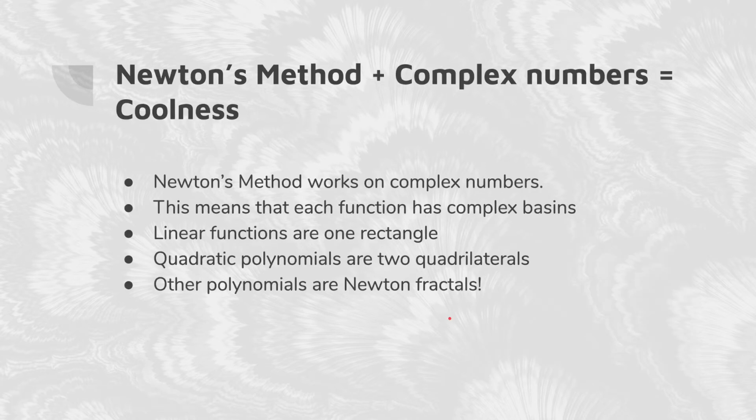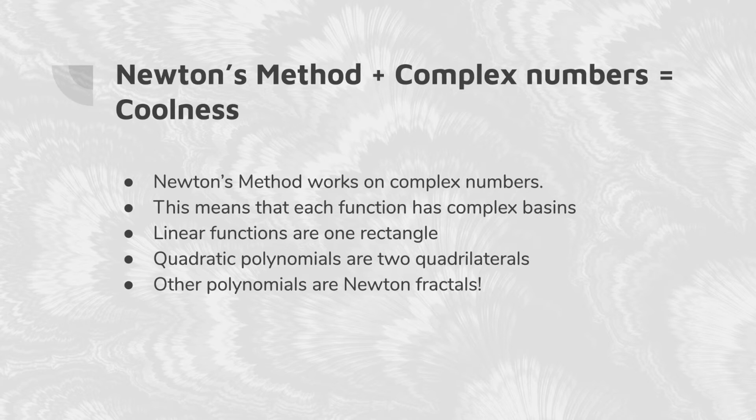This gets even more interesting when we mix it with complex numbers, because Newton's method also works on complex numbers. We can plug in complex values of x naught, so we could have x naught equals 2 plus 5i, for instance, or we could try and find complex roots, so we could use Newton's method to get the root of x squared plus 1, for instance, which doesn't have any real roots.